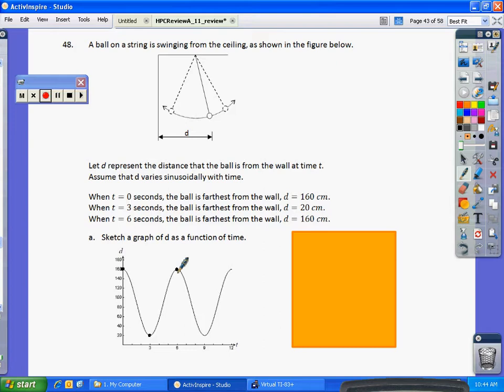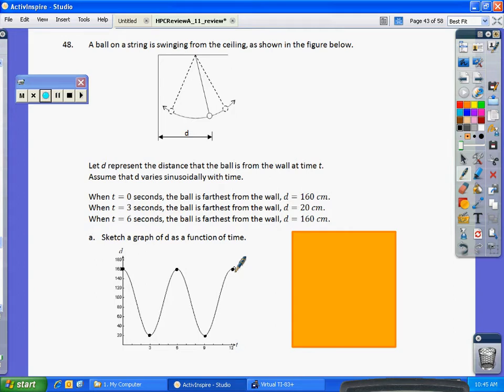Okay? Well, it takes basically 3 seconds to go from the low point back to a high point, so it should take another 3 seconds to reach another low point. So at 9, we're back to 20. And at 12, we're back to a high point of 160. Now you can sketch the graph.